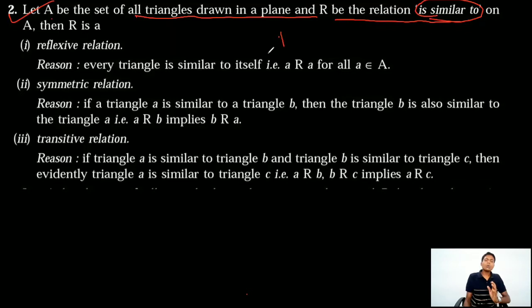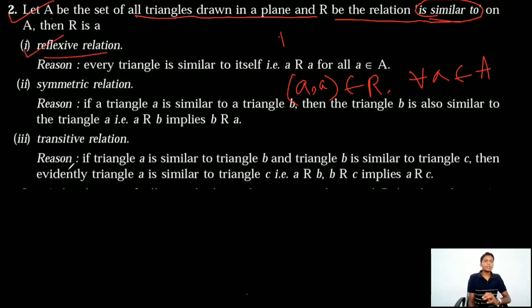So all the triangles which belong to set A will be similar to themselves, so that kind of triangles will be inside the set R, for all A belongs to set A. So R is reflexive.